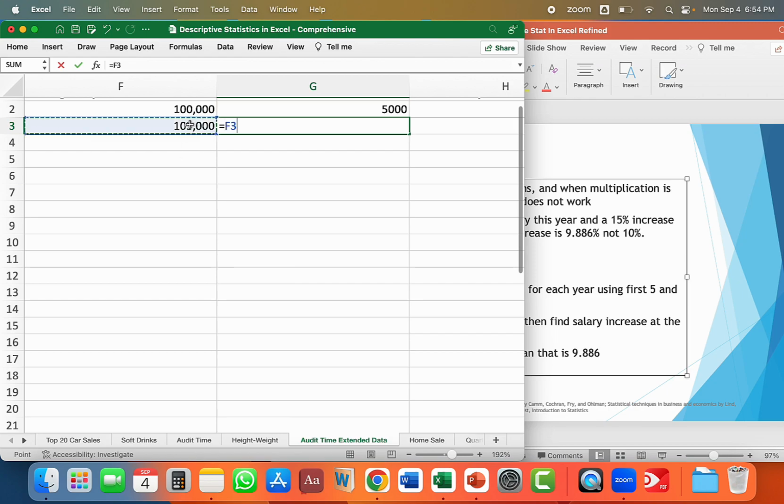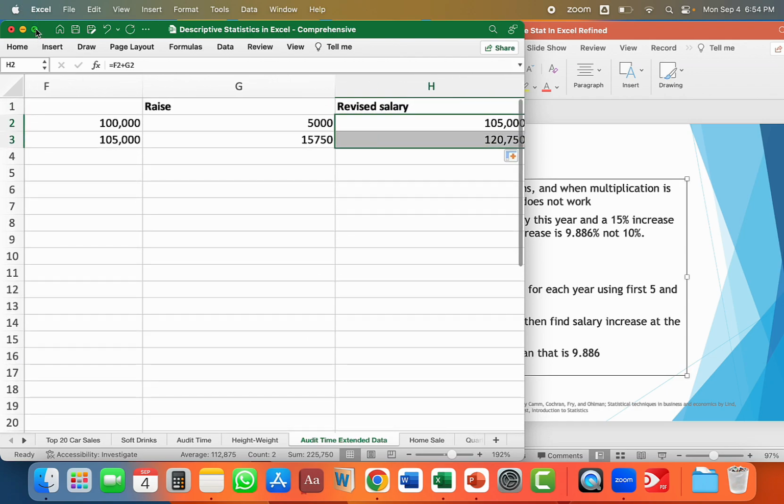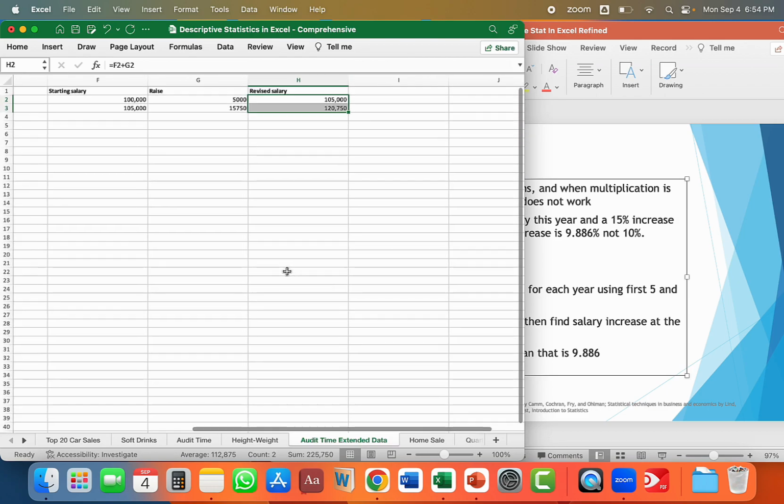This year the raise is 15%, so this number multiplied by 0.15, so your increase in salary will be 15,750, and your revised salary by the end of the second year will become 120,750. So that will be your salary.